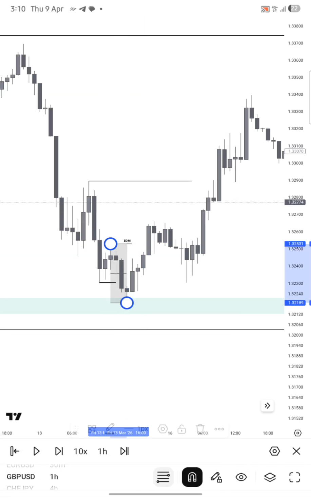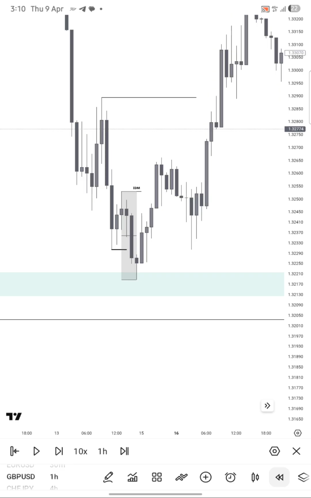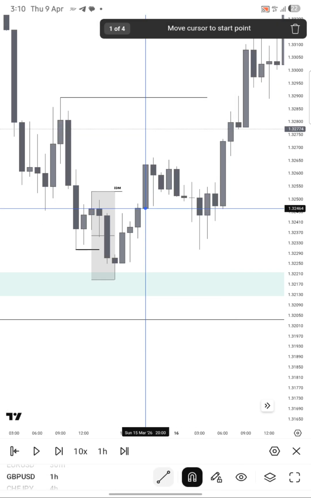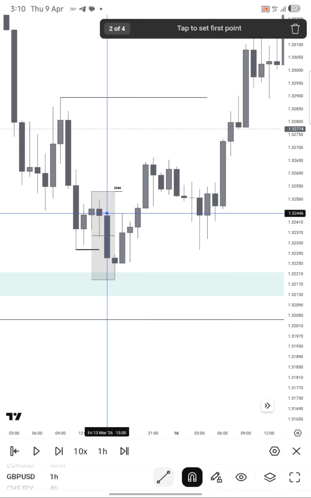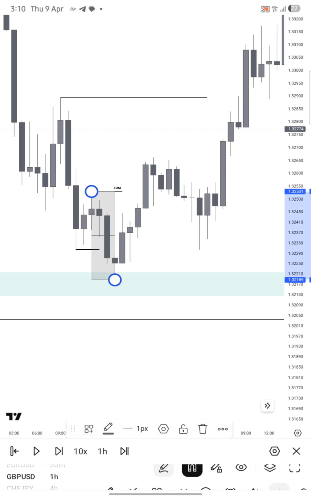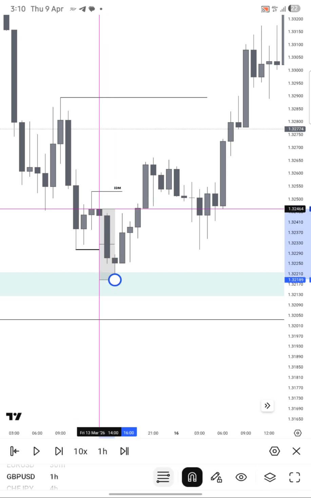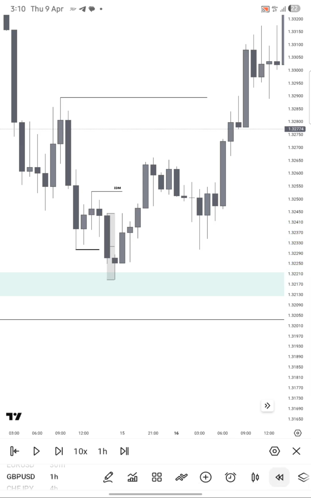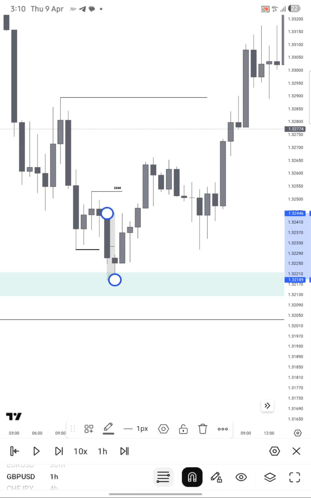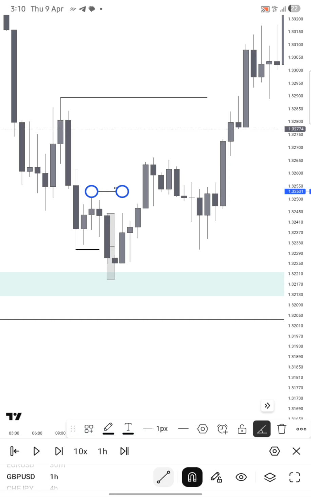So what I want to say is, if the swing high is around here, we will be interested in this level. If the first swing high that was being created was here, the closest one, we will be interested around here. This could be a lower time frame shift, but we will not be concerned about that.